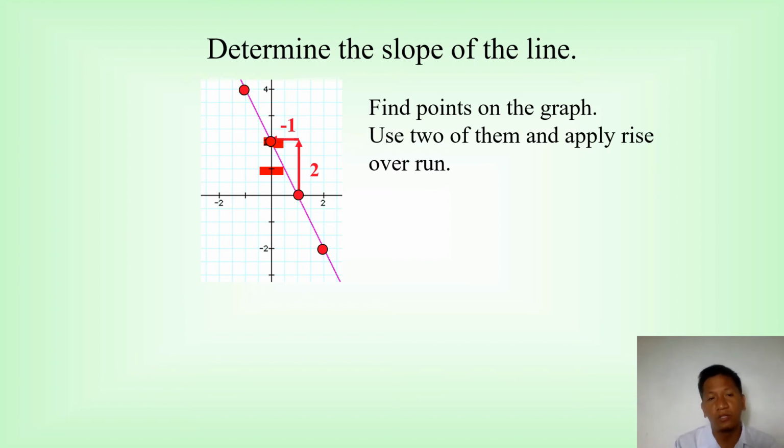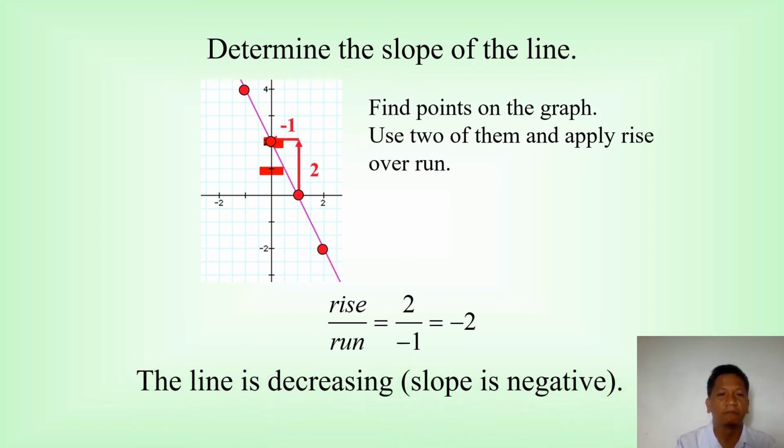Naintindihan? Negative 1. And that is substituting the rise over run, that is 2 over negative 1, and 2 over negative 1 is negative 2. Okay. Let's proceed to the next. The line is decreasing. Slope is negative.